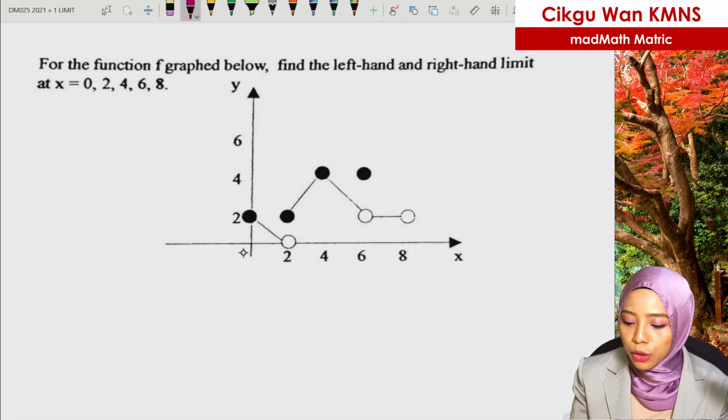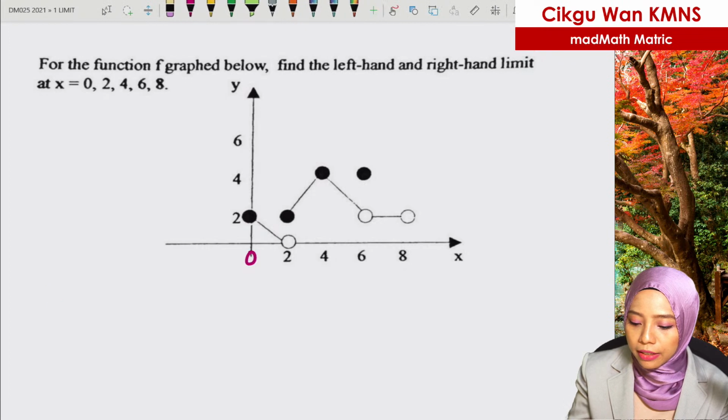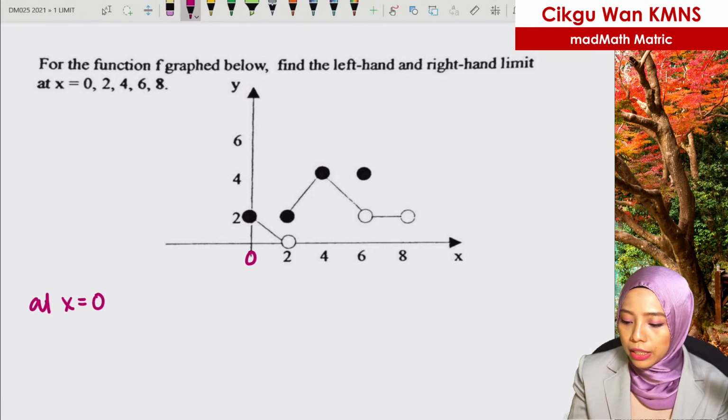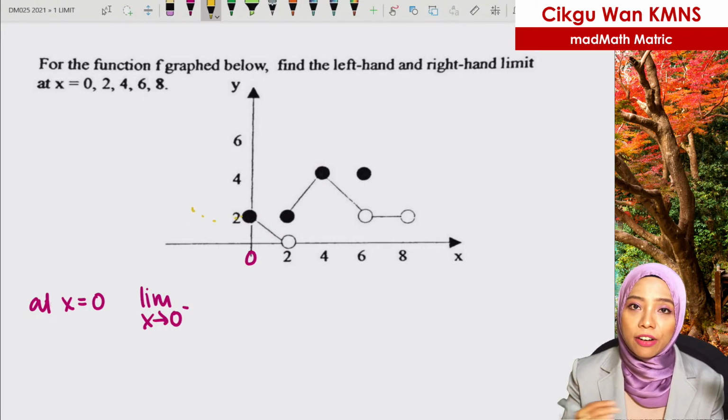Now we are looking at x equals 0 here. So the limit as x approaches 0 from the left. What can you say? Is there any graph from the left?